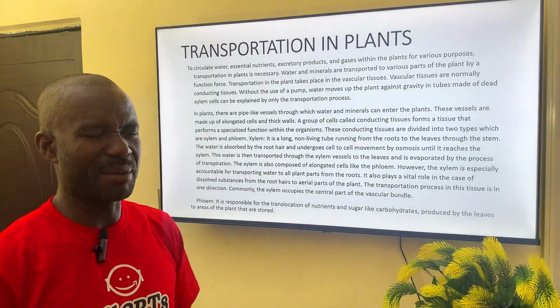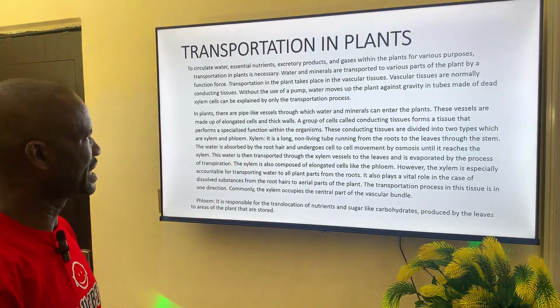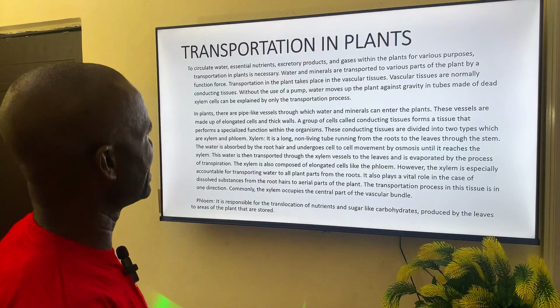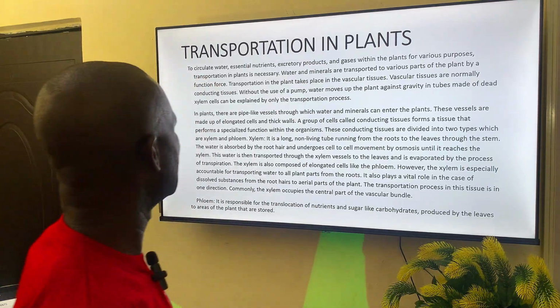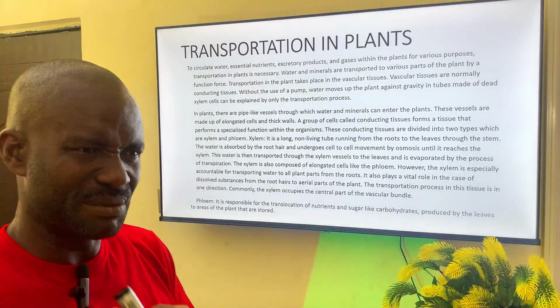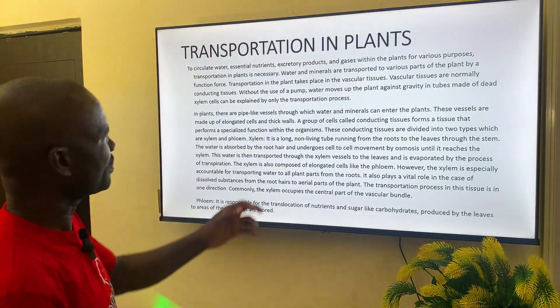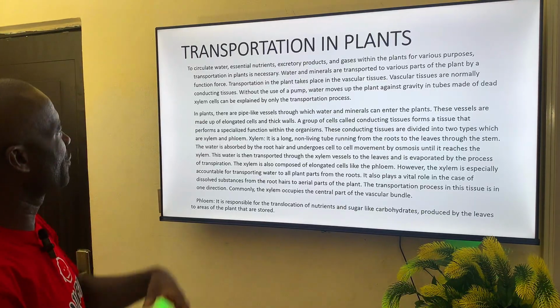Before material can be moved from one point to the other, glucose can be moved, we also need a transportation system in plants because they are living things. Water and minerals are transported to various parts of the plant by a force. There is a force that is responsible for the movement of water across the plant.